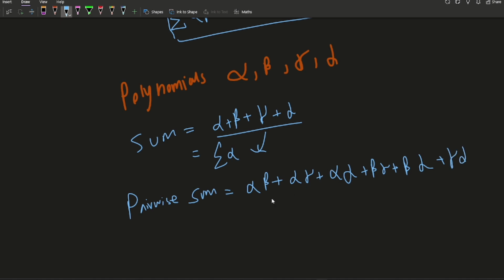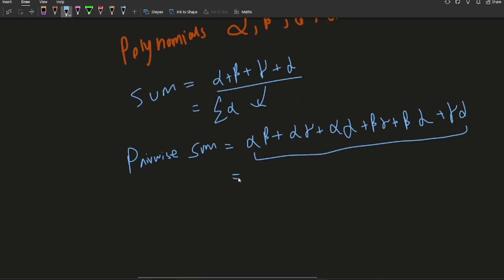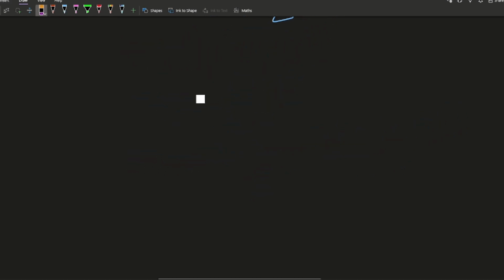As you see, it's getting really long, but we know it's a pairwise sum. That's why we use sigma notation. We can simply write this as sigma alpha beta. This represents all of this. It's just an easier way of writing things.